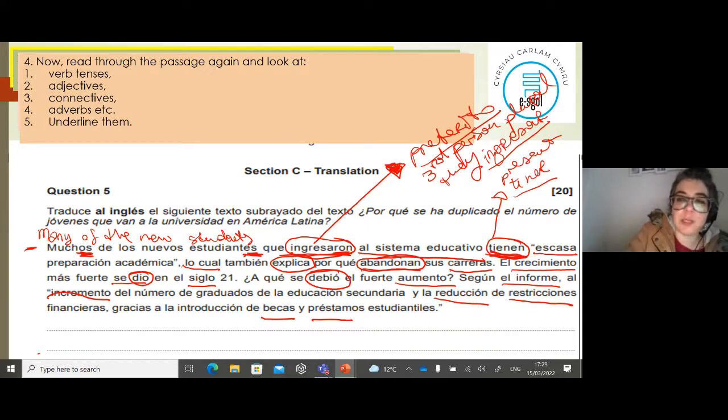So how do we translate it? We translate it as they have. If we do this, it would help us to be more accurate with all the words.